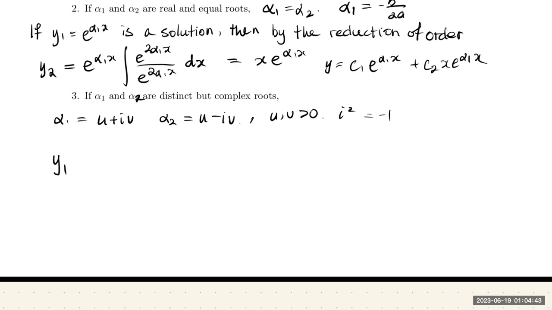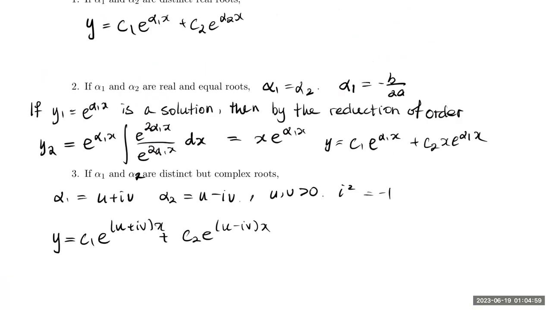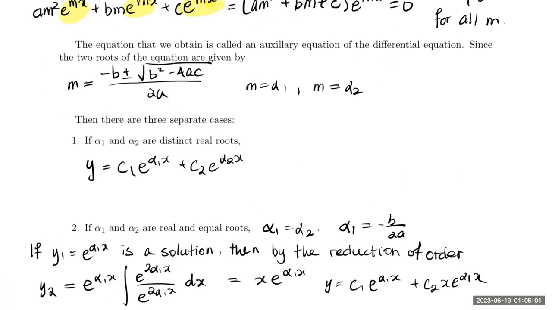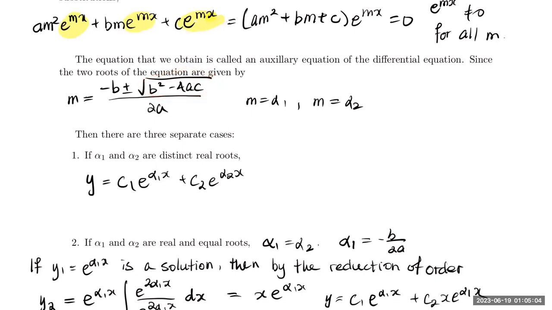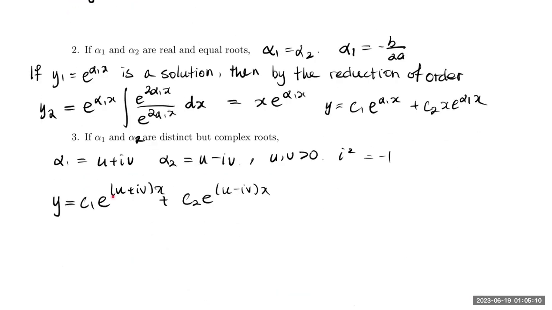So our solution is going to be given by y equals c1 e to the power of u plus iv x plus c2 e to the power of u minus iv x. And that's by the quadratic formula. If this is complex here, you would obviously get an i, and if you were to write this in a plus ib form, you would have these solutions.